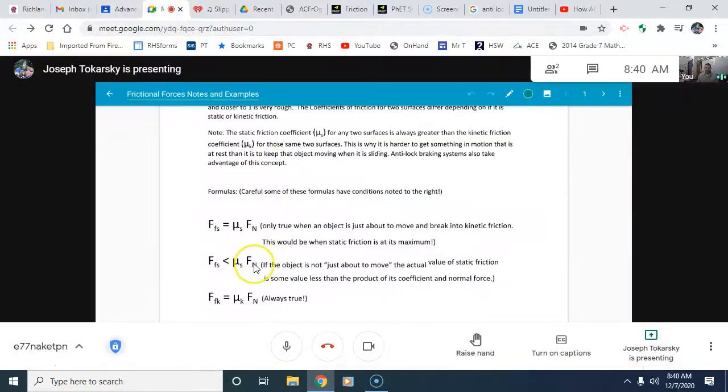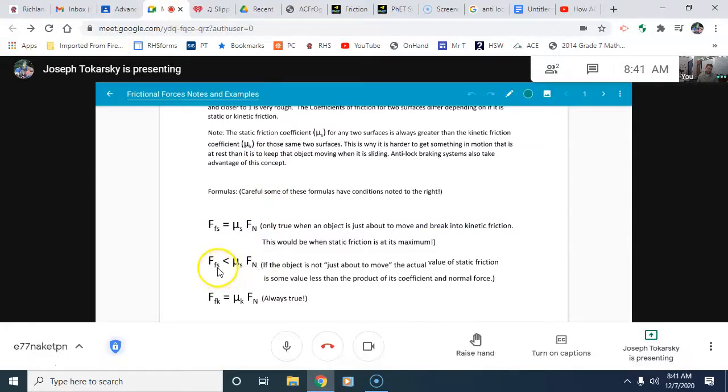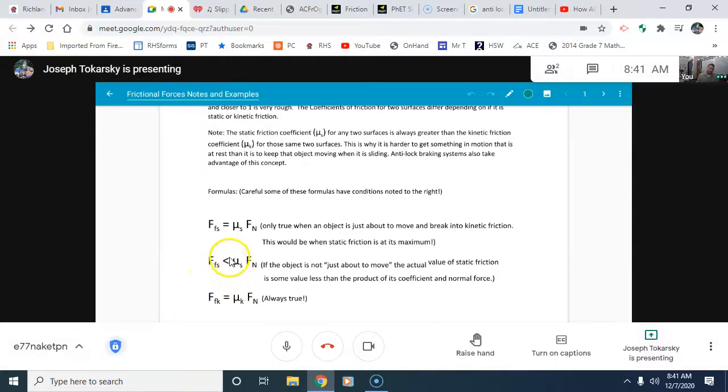But as I pushed at any value under 504, it was still static friction, but it built up to that value. So if I took mu s times normal force and got 504 newtons, that would mean if I pushed less than that, static friction will only be what it needs to be to balance you out, how those vectors balanced up till I got the breaking point. That's why there's an inequality version of this formula.